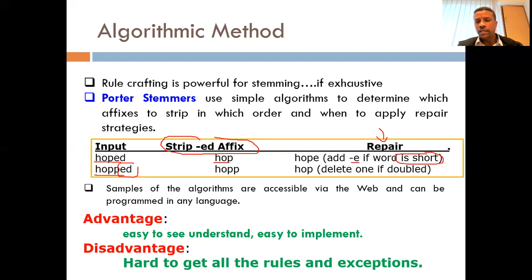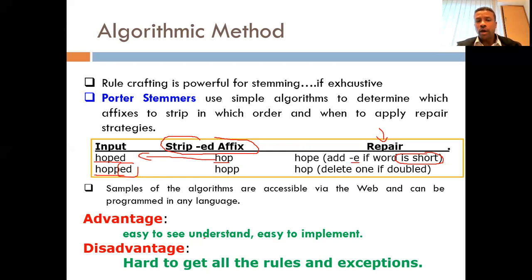So we know that in such a case, whenever you have double P's, then you have to remove these two. Otherwise, for both words, if you simply remove ED, the first one is going to be HOPP, which is not a valid word, and the second one is hop, which means to jump on something. But actually, the base word in here is a wish. It refers to HOPE. So to do such things, you have to really understand the language.